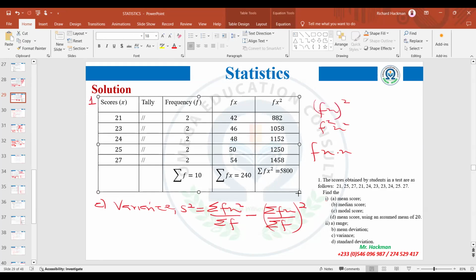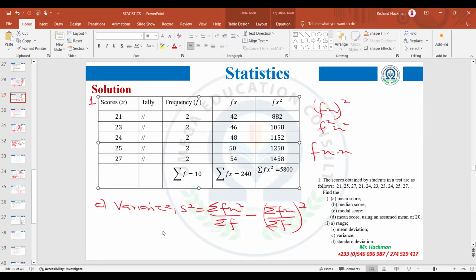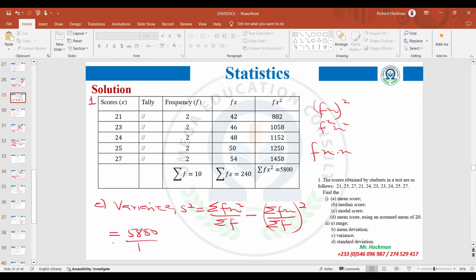Okay, so now let's move on, go and substitute and find whatever we are supposed to find. So what we have here will be equal to sigma fx squared, that is 5800, over sigma f, which is 10.